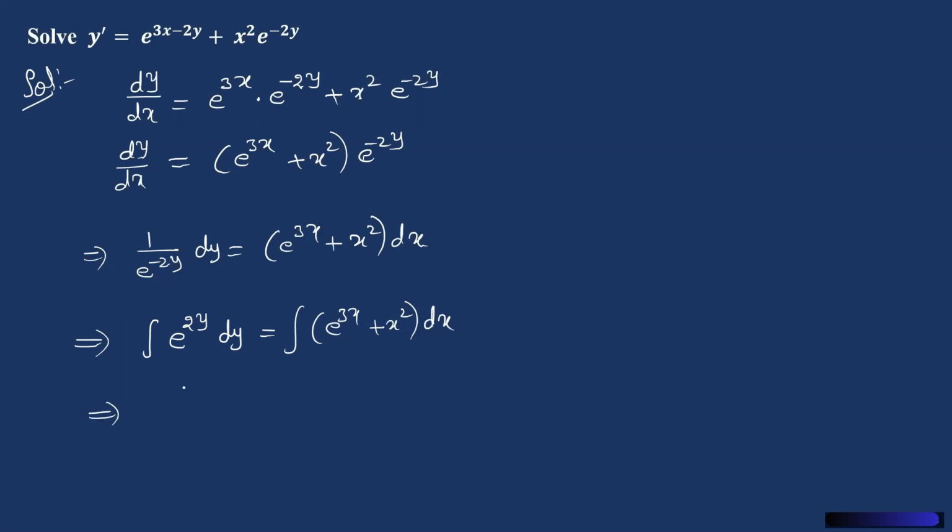Now when you integrate e power 2y, it becomes e to the power of 2y by 2, is equal to, when you integrate this, e to the power of 3x by 3 plus, integrating x square, x cubed by 3. And obviously we can add an integrating constant c, right? Like this, we can easily solve a differential equation of this kind.